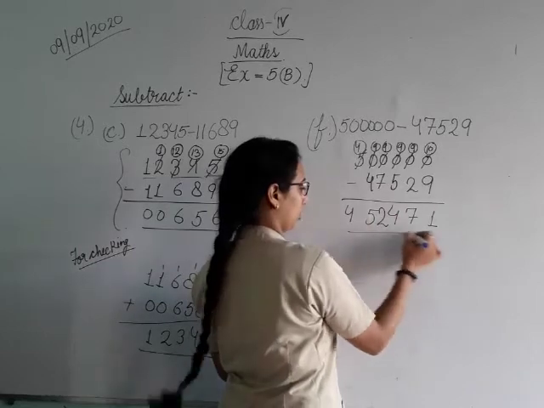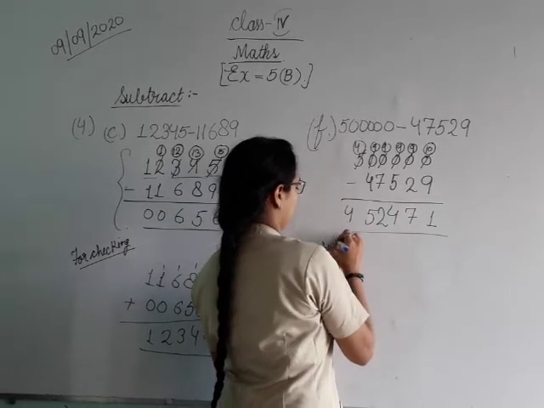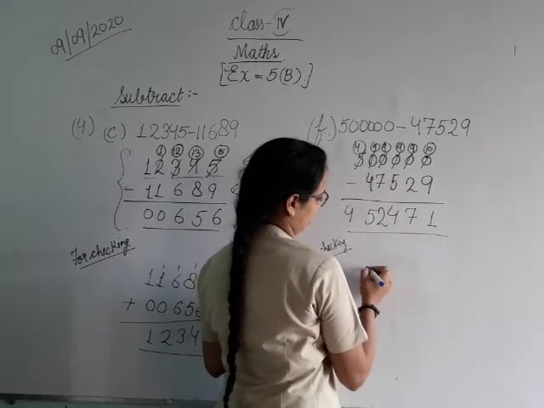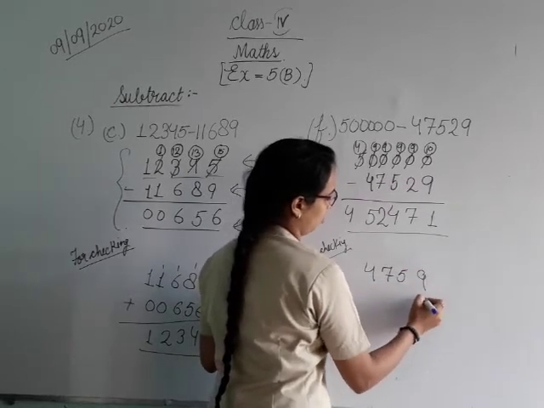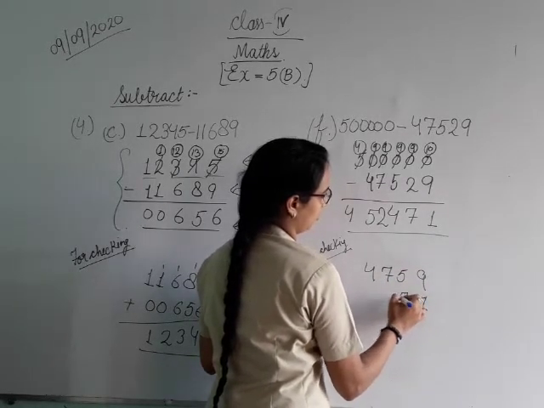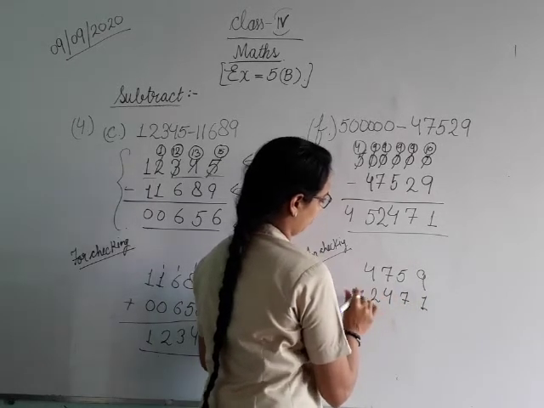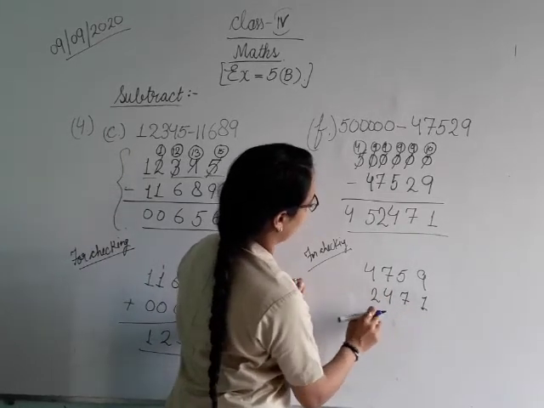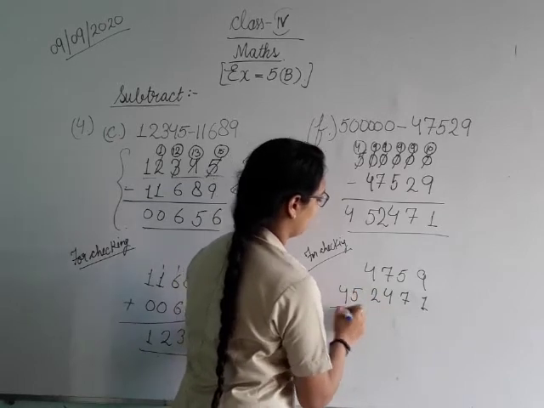For checking, we know very well what we have to do. This and this. So 4, 7, 5, 9, 1, 7, 4, 2, sorry, 1, 7, 4, 2, 5 and 4 we have to write.